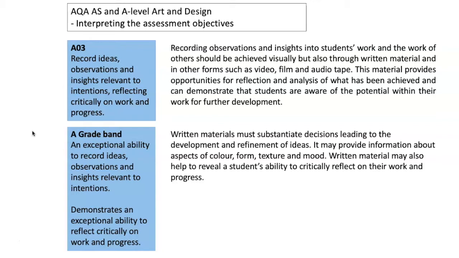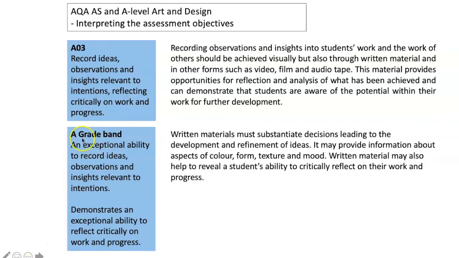So it's all about recording your ideas, observations, and reflecting critically on your work and your progress. So these contact sheets are key because they represent you recording your ideas through the camera, and then you have to select your key images, and then you have to explain why you've picked these images and how successful your shoot was and how you'd like to progress your ideas.